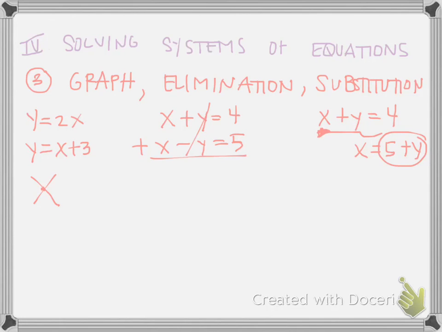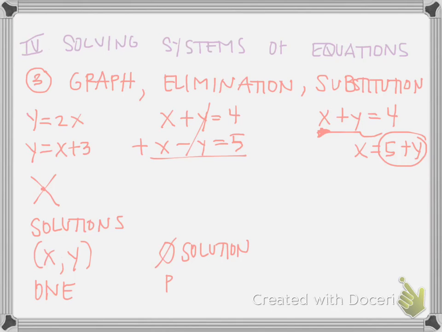There are different types of solutions. You can have an ordered pair, which is where they intersect, so there is one solution. If they're parallel lines, then they have no solution, so they never intersect.